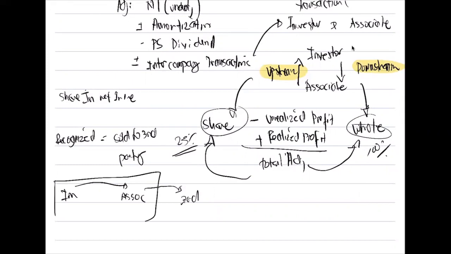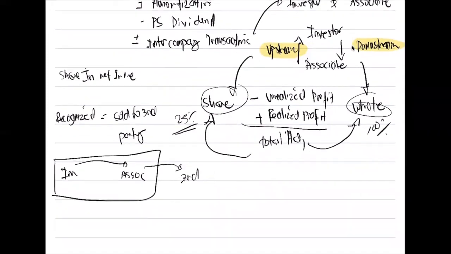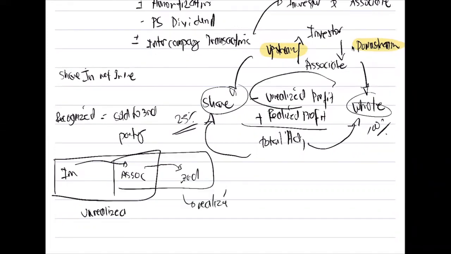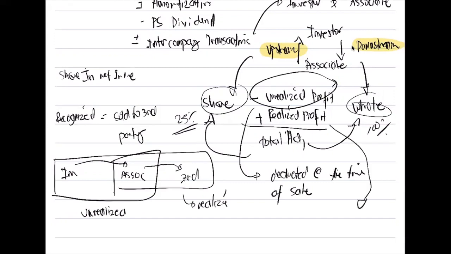If it is still within the investor and associate, we call this unrealized. Associate to third party, we already realized it. Take note that unrealized profit should always be deducted at the time of sale. Realized profit will only be added once it is already sold to a third party.